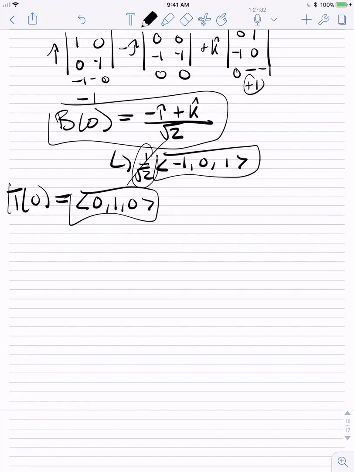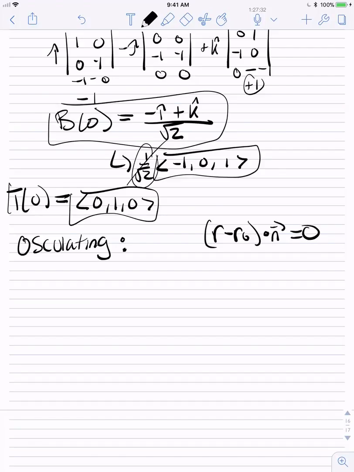Now let's find the equation of the osculating plane first. We know that the general formula of an equation of a plane is r minus r naught dotted with an n vector equals 0, where n is a normal vector to the plane and r naught is a point on the plane. For this n vector, we're going to use what we found right here, this vector.